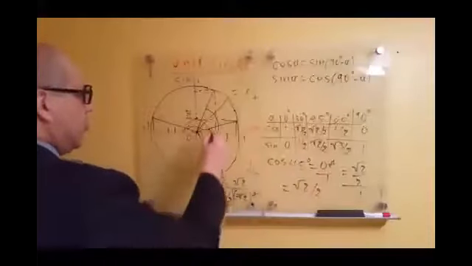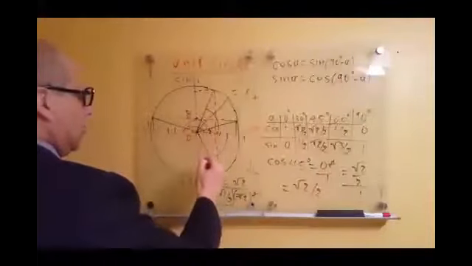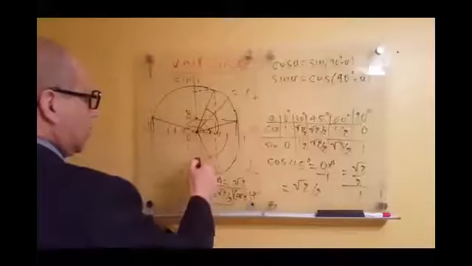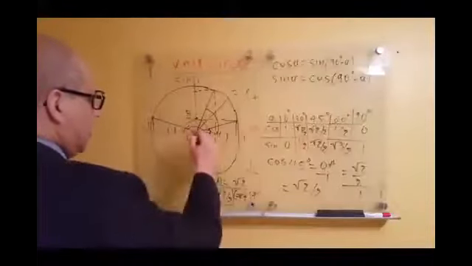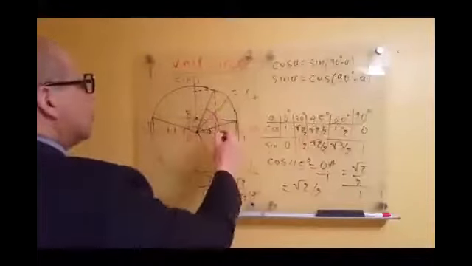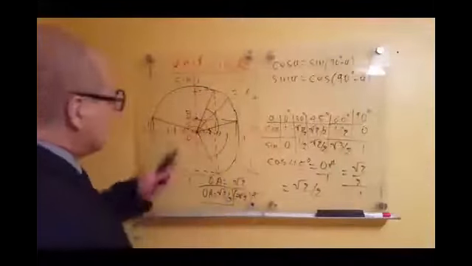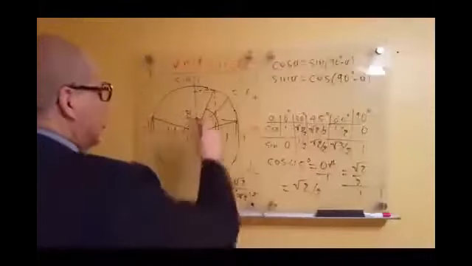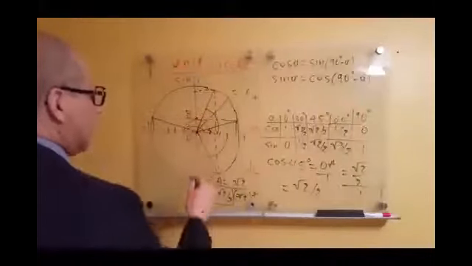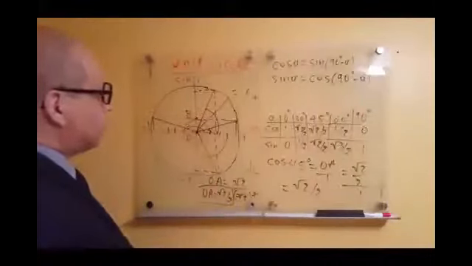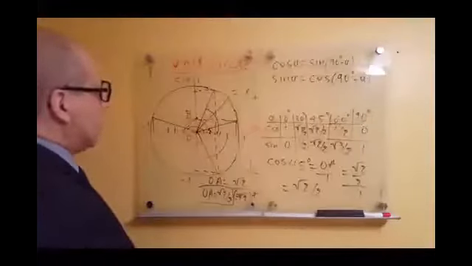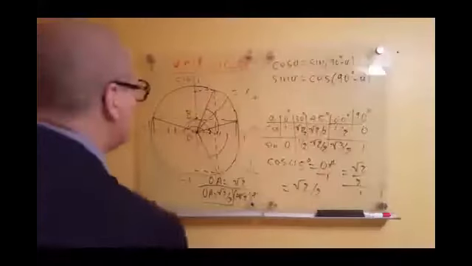And if you want to find the sines, you see that the sine of this one is this segment here, and the sine of the other is this segment here. So they are equal, just the one is on the positive side and the other is on the negative, so the signs are opposite.